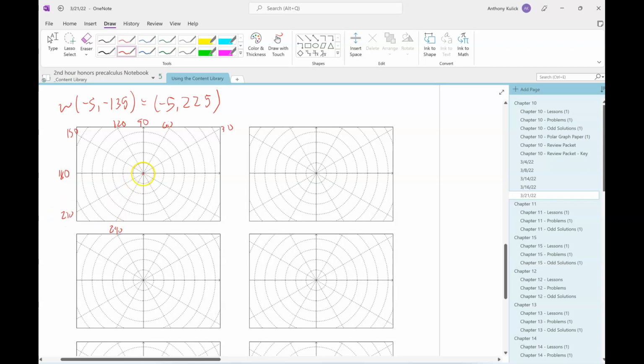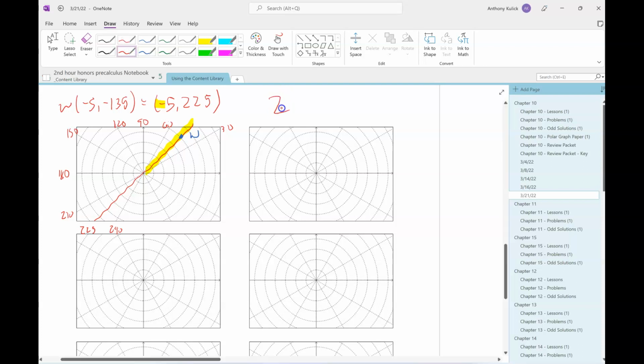So halfway in between here is my 225. But since it's -5, it's going to be flipped and going to be on this side. And then I count, so 1, 2, 3, 4, 5. So that's W.